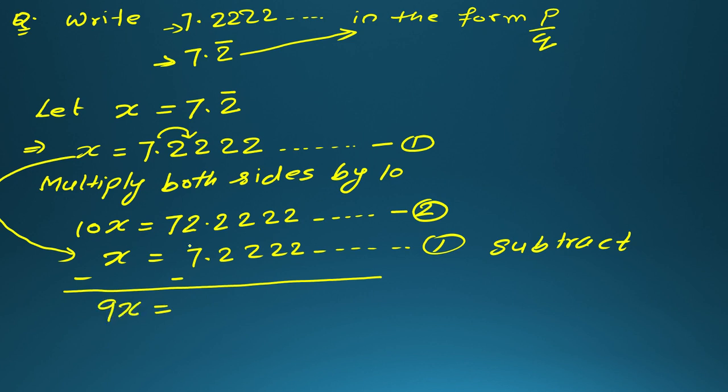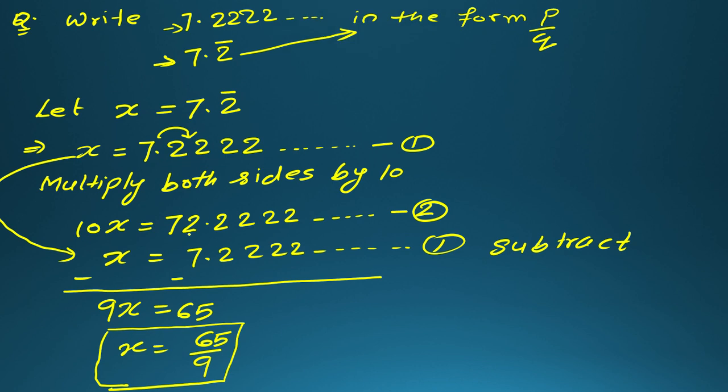After the decimal point we have the same thing, 2 2 2, and down also the same, so it will be cancelled. 72 minus 7 is 65. So x is equal to 65 over 9. Can we simplify this? I don't think so. So this will be the final answer. Hope you understood this thing.